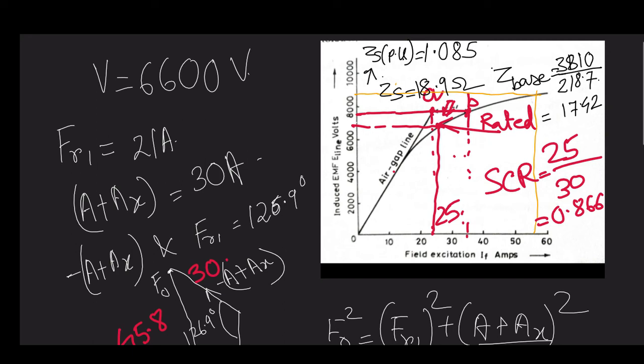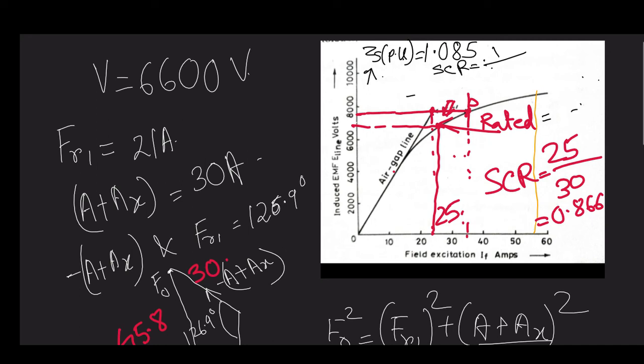Now the question is a bigger question. So if we do SCR from here, SCR is equal to 1 upon 1.085.